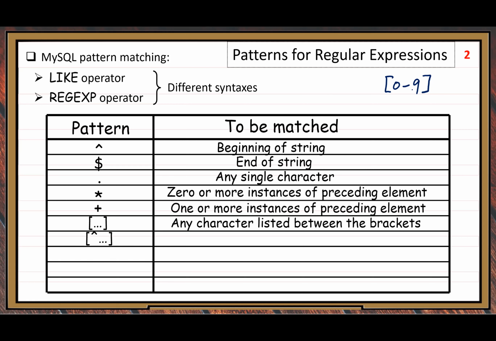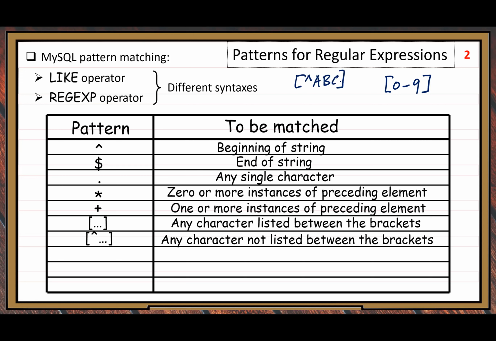Bracket operator. Bracket, then hat, that hat before the characters: that is not the beginning of string. It means any character not listed between the brackets. Consider hat A, B, C: that means A, B, C cannot be used here.